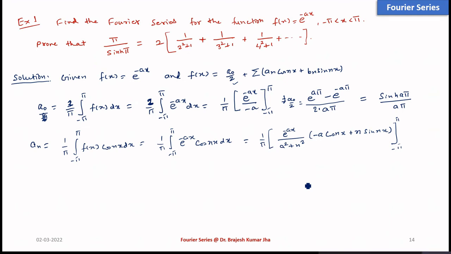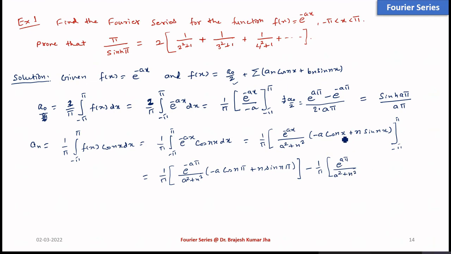Okay, so after putting the limit, once you put the value of pi here, it will be 1 upon pi, e to the power minus a pi upon a square plus n square, minus a cos n pi plus n sin n pi, minus 1 upon pi e to the power a pi upon a square plus n square.